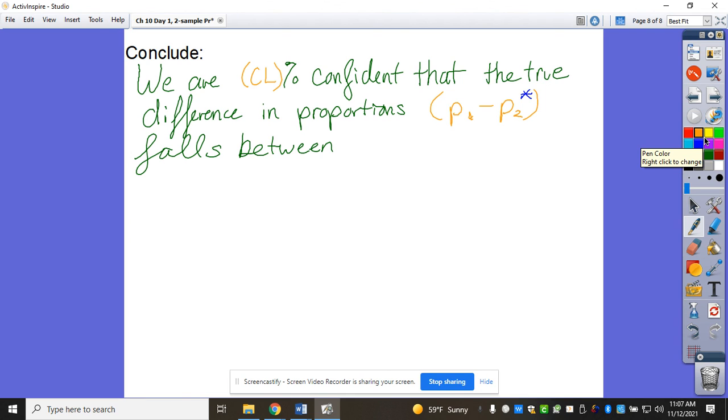What do I usually write here? What does this sometimes have? Does this have units? Why not? Because proportions don't have units. Sometimes people convert these to percents. It's fine. I don't care.